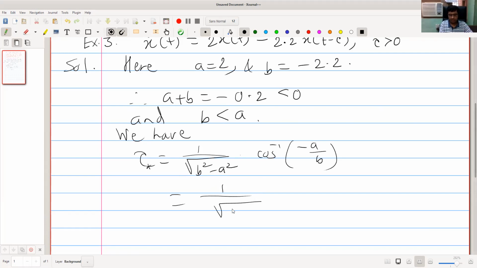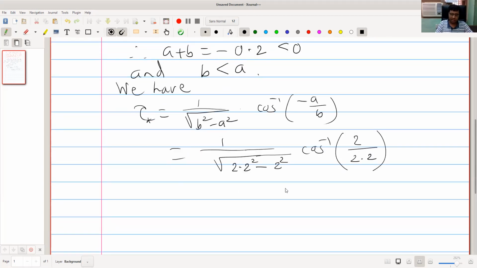It is minus 2.2 squared, which is the same as plus 2.2 squared, minus 2 squared, into cos inverse of minus a upon b, so it is 2 divided by 2.2. We can use a calculator to find this value.